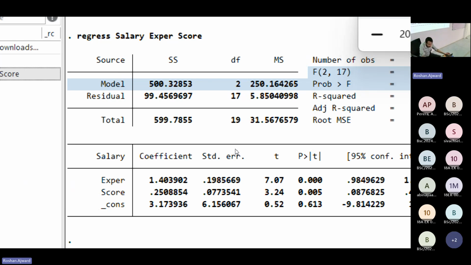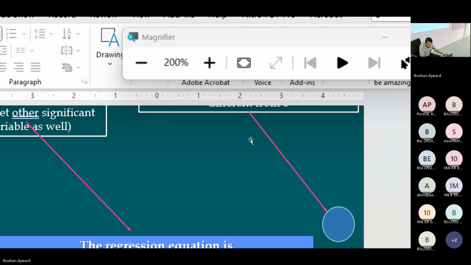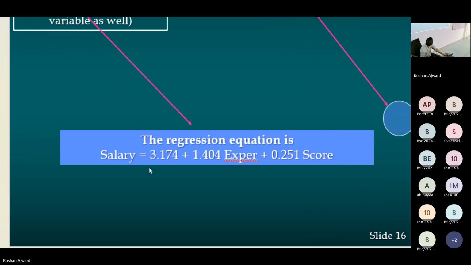So you can see I have given that here as well. I have given that 3.174 plus 1.40 for experience, 0.251. This is the equation finally derived.